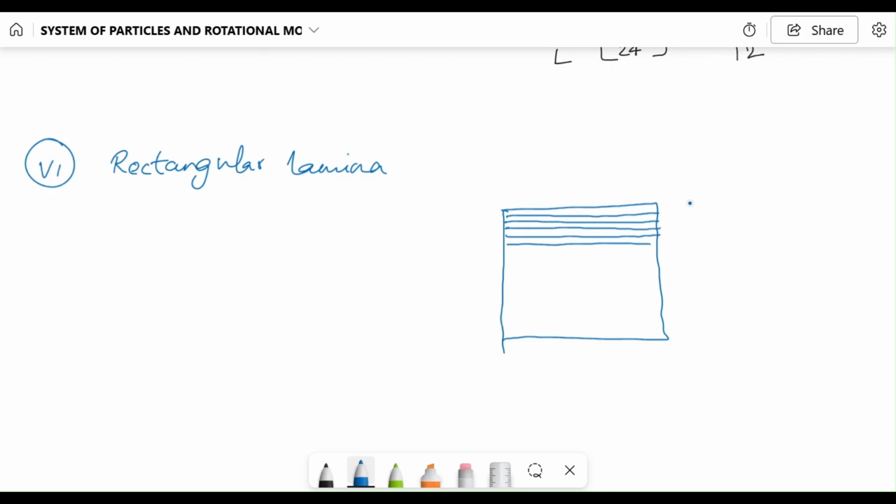So let's say there are n number of such thin rods, and we want to know what is the moment of inertia for this rectangular lamina about this axis.